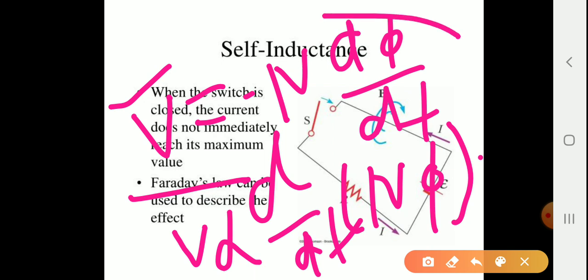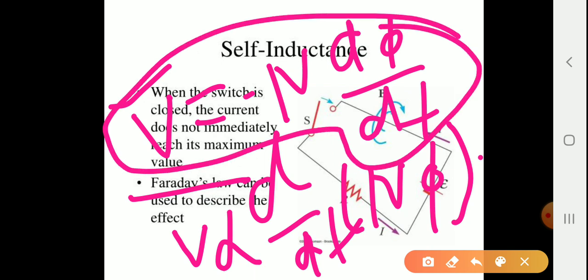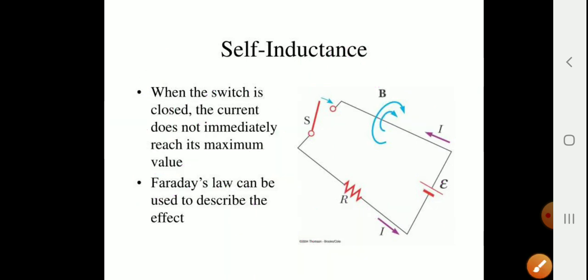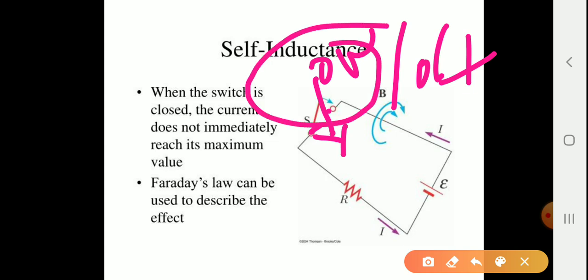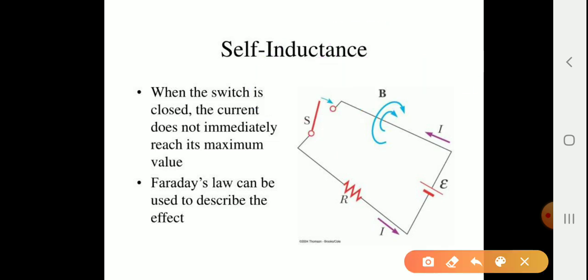This is Faraday's law, and we describe its effects in a circuit. This is the switch, with on and off conditions. In the off condition there is no current flow, and in the on condition current flows in the circuit.